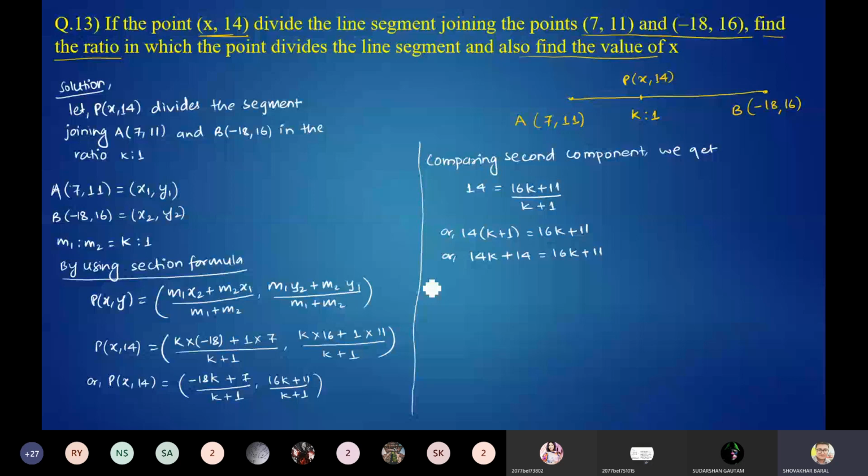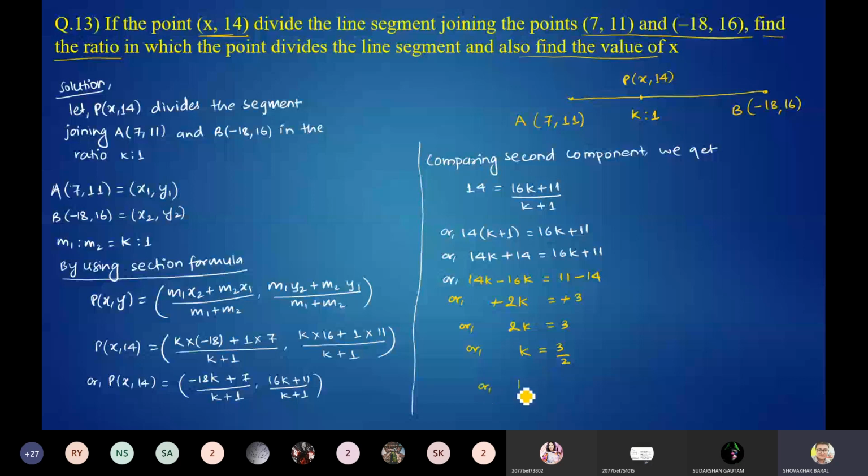14 minus 11: I am putting the numbers on one side and the variables on the other side. 14k minus 16k equals 11 minus 14, so minus 2k equals minus 3. 2k equals 3, so k equals 3 divided by 2.